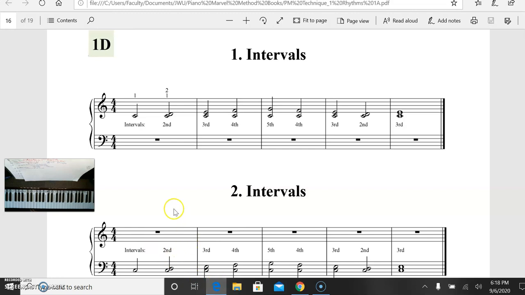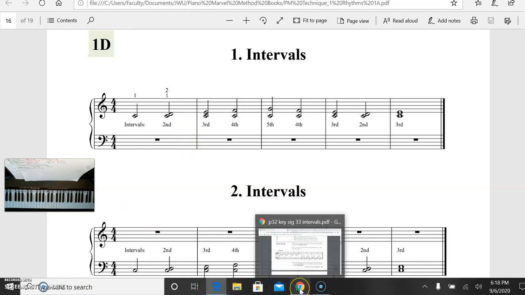Okay, so that's just to get an idea of what they look like when they're written out as harmonies, meaning the intervals are played together. Okay, here's another example.